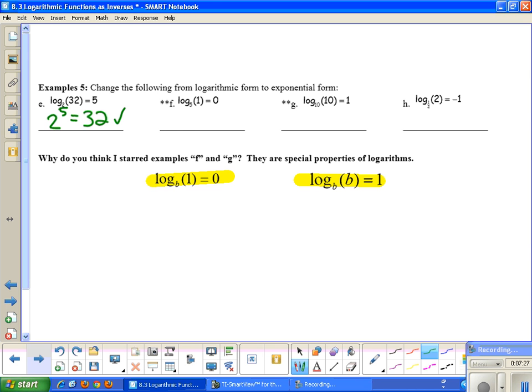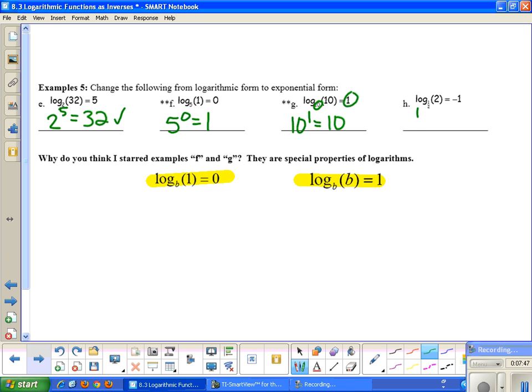For the next one, we would write 5 to the 0 power equals 1, and that makes sense because anything to the 0 power is always equal to a value of 1. The next one would be base 10, because this is my base right here, so 10 to your answer, which is right here, is equal to 10. And anything to the first power is always equal to that number.